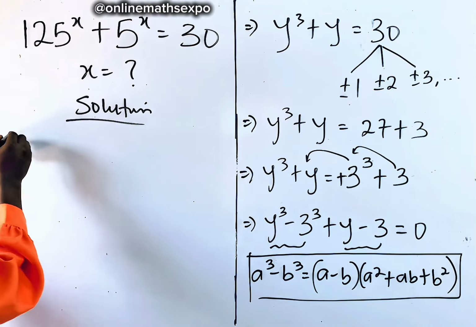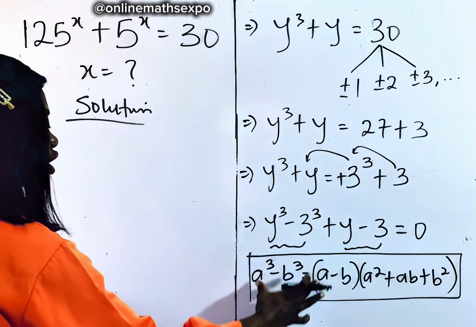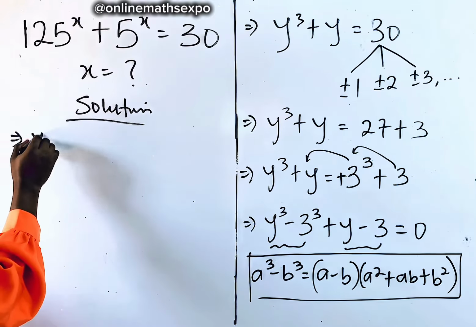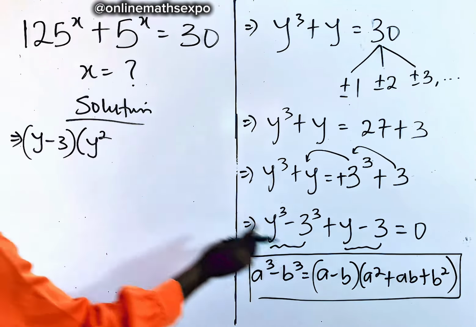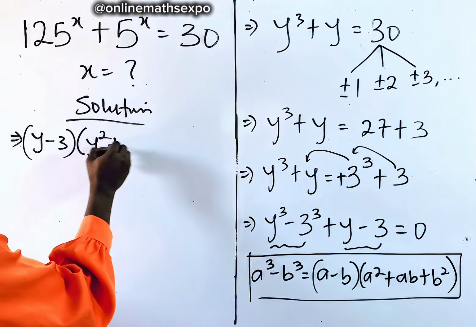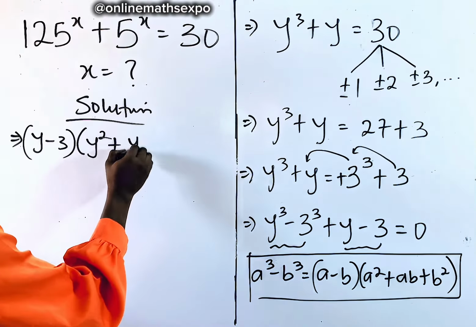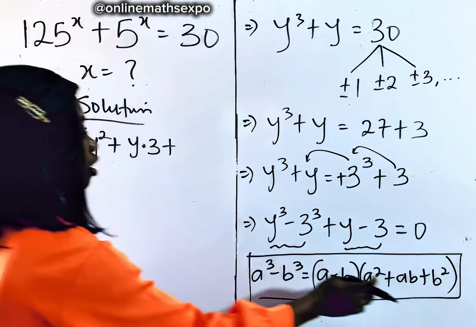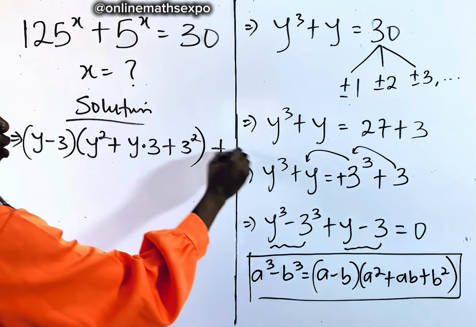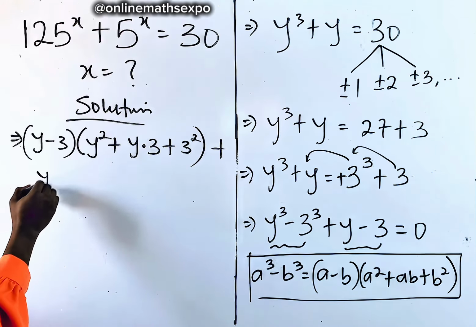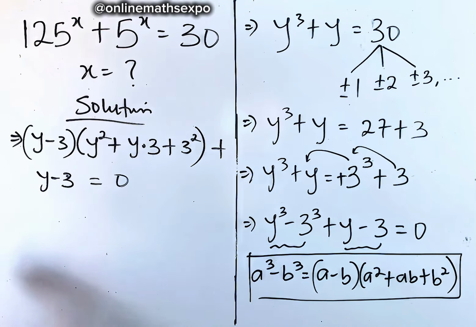So from here we now have y minus 3 into y squared plus, multiply these two, so we have y multiplied by 3. Then your b is this, so we have 3 squared plus, we bring this back, so we have y minus 3 is equal to 0.